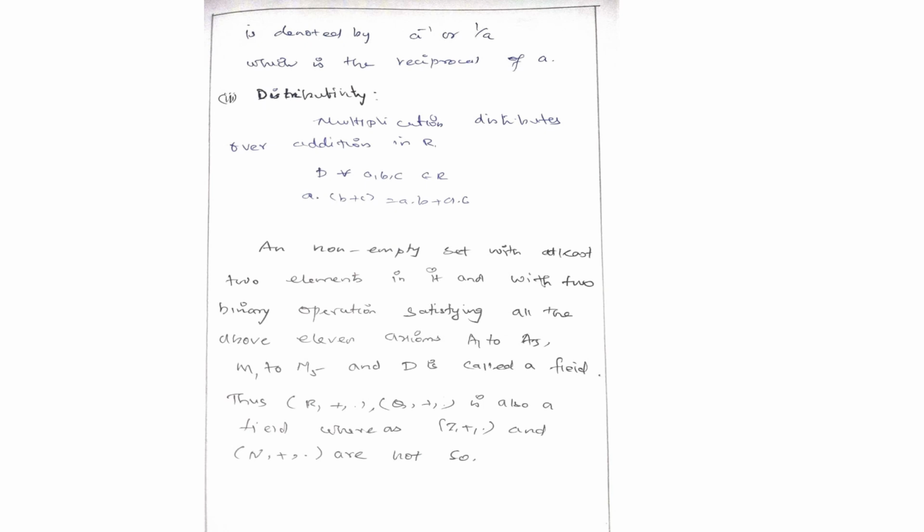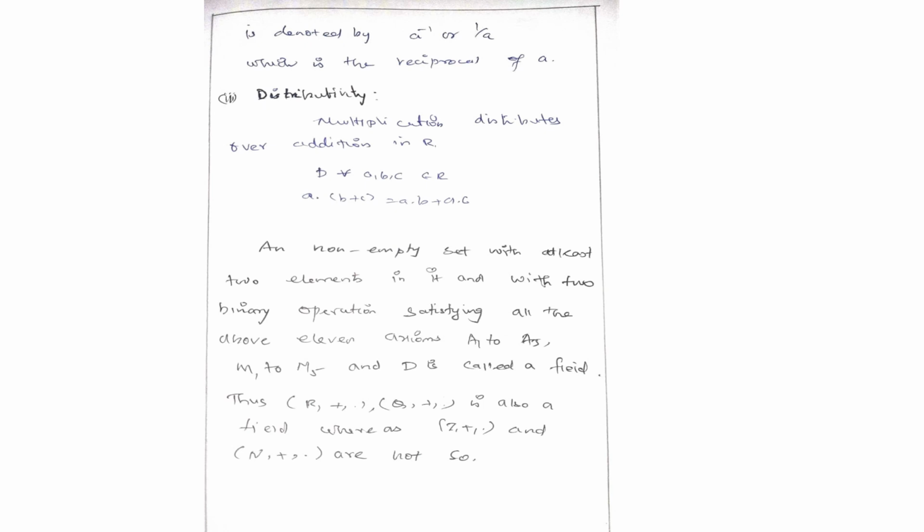For example, a equal to 1, b equal to 2, c equal to 3. So b plus c is 2 plus 3, 5. 5 into 1 is 5. Here a dot b is 1 into 2, which is 2, and 1 into 3 is 3, so 2 plus 3 is 5. So this is the distributive law.